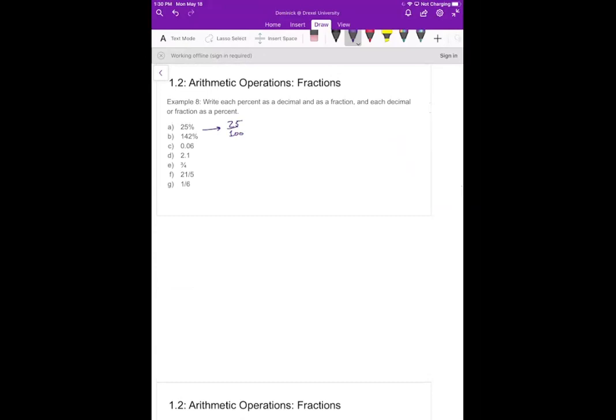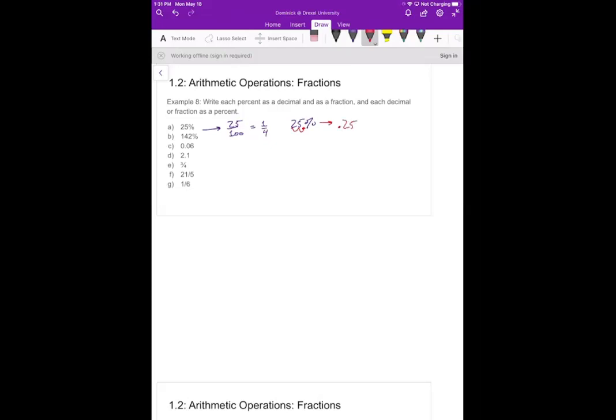So first we'll write it as a fraction. And of course, you could reduce that to 1/4. Right? If I wanted to write it as a decimal, I could just take the 25%. My decimal is technically right here. If I move it 2 spaces to the left, I get that that's 0.25.